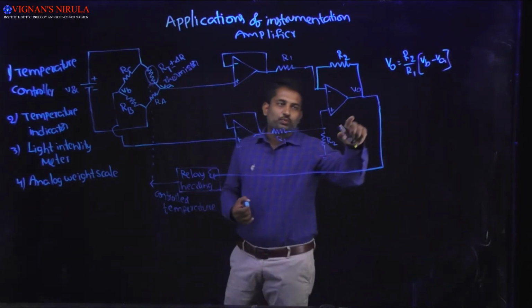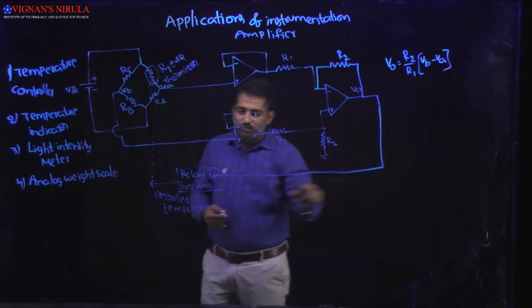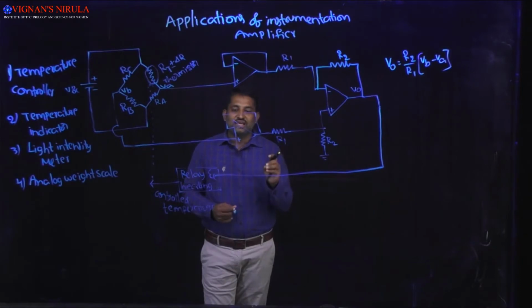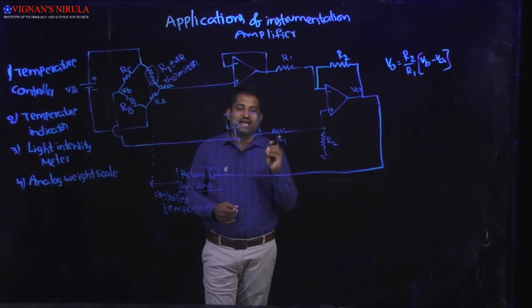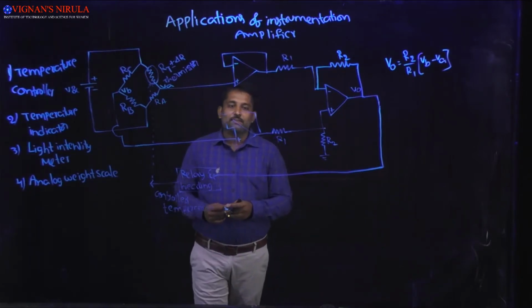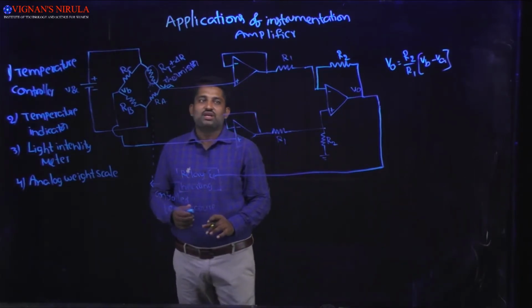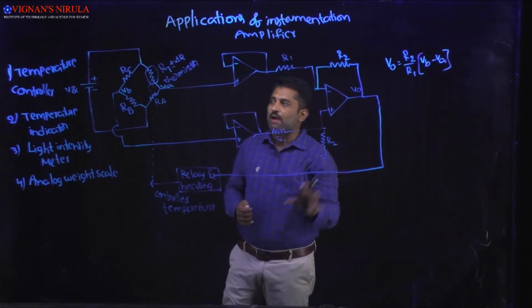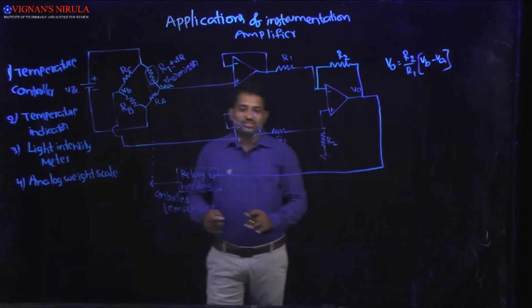That output voltage will drive the relay and heating circuits, and these act as a switch to control the temperature of the thermistor. Like this, we use the instrumentation amplifier as a temperature controller.